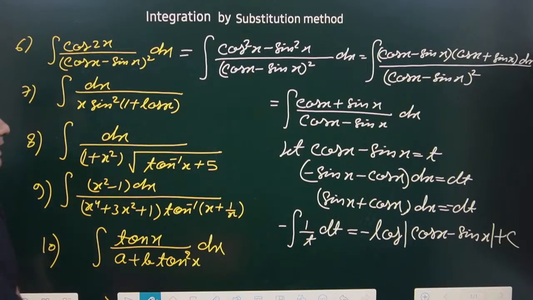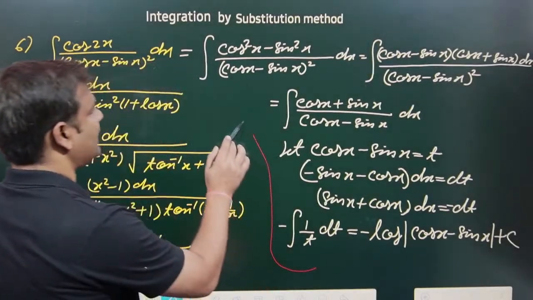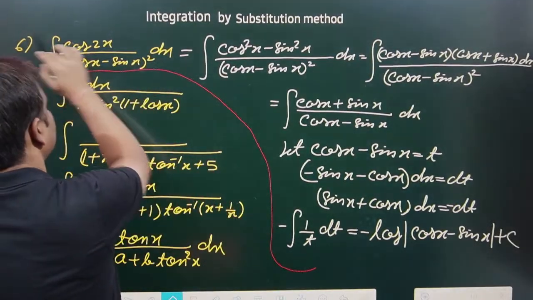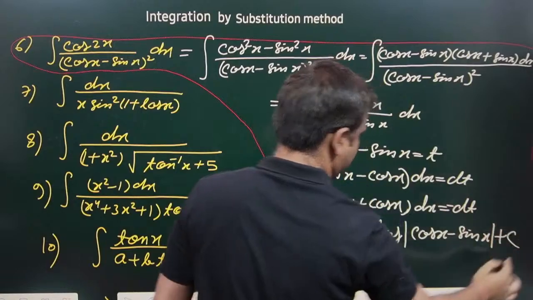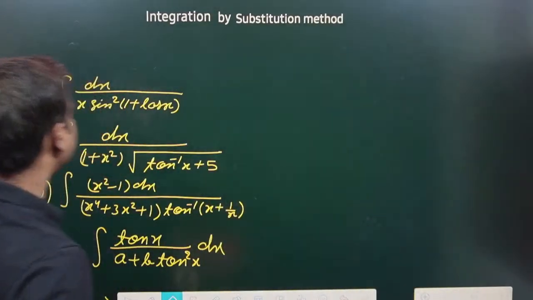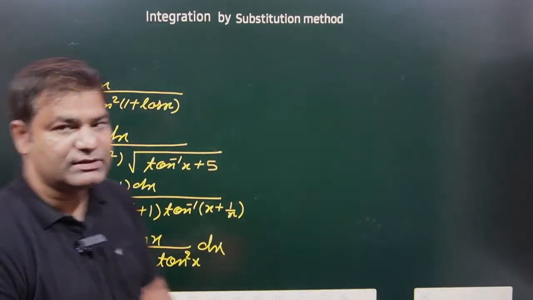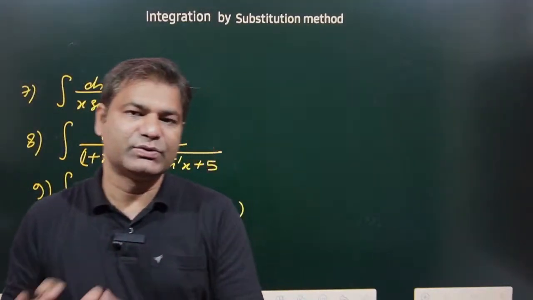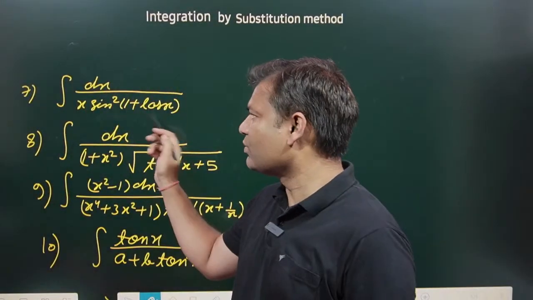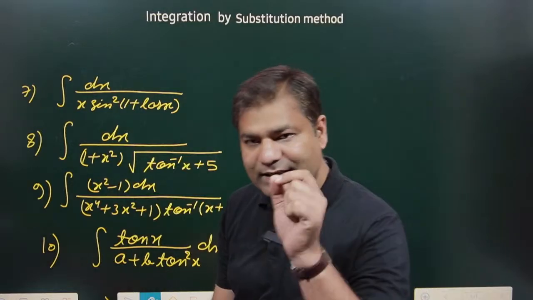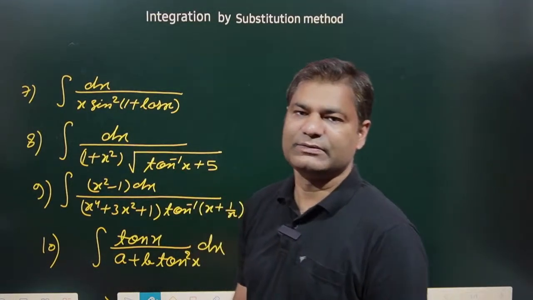Okay. Now, I hope it is clear. So we focus on another part. Question number 7. Integration of dx divided by x into sin square of 1 plus log x. In this question, look very carefully.